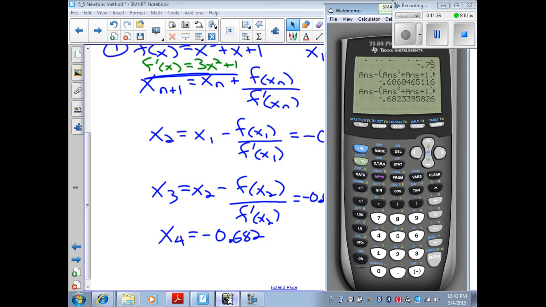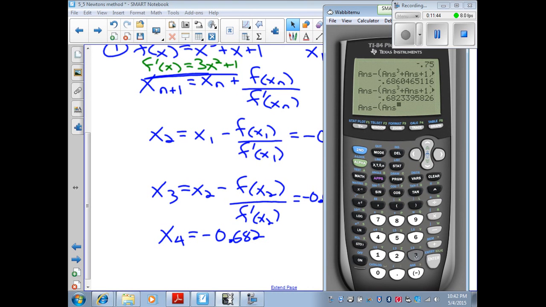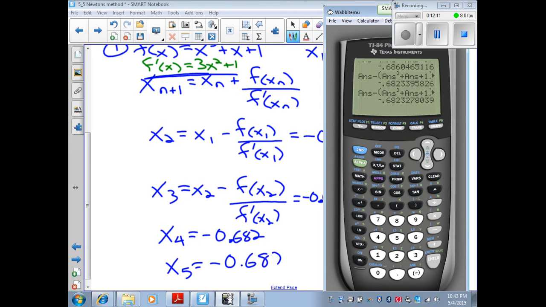And let's keep going. Answer minus answer cubed plus answer plus 1 divided by 3 times answer squared plus 1. Wow, pretty close to the same. In fact, we can say with pretty good certainty that this is correct to at least 3, at least 4 really, decimal places, the right answer.